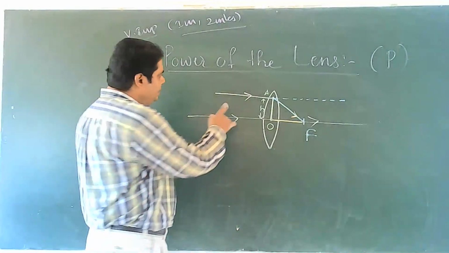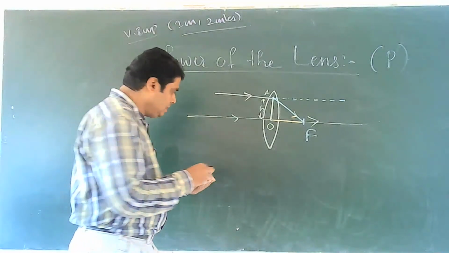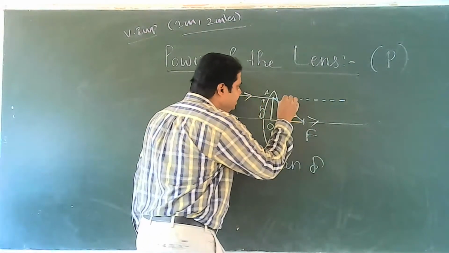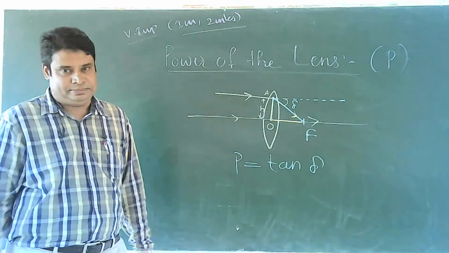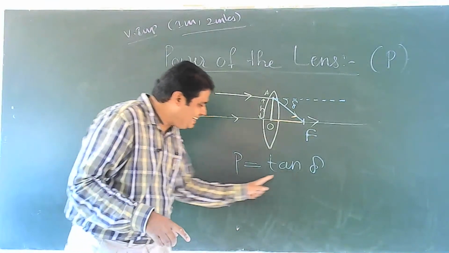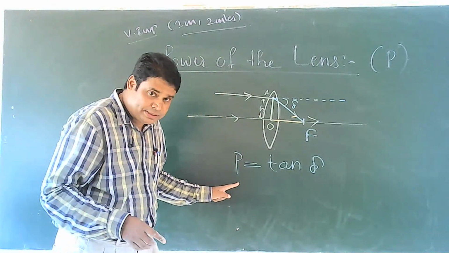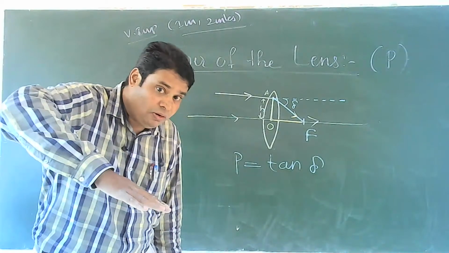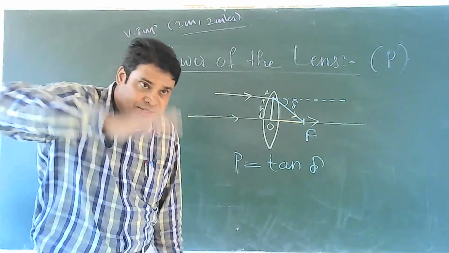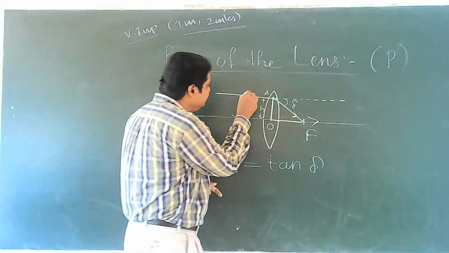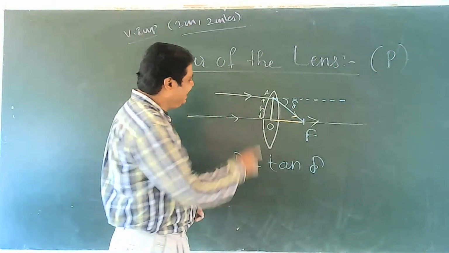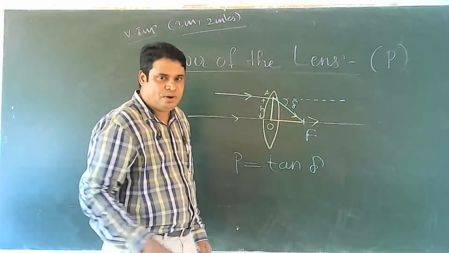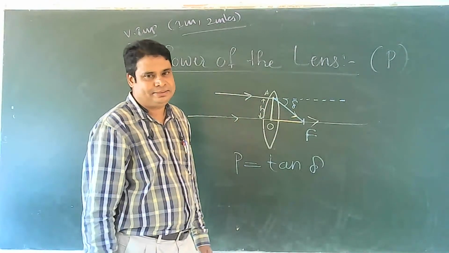The power of the lens is defined as the tangent of the angle, this angle is delta, by which a lens converges or diverges a beam of light incident on the lens at a unit height or at a unit distance from the optical center.